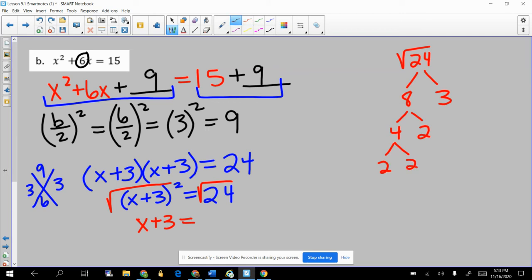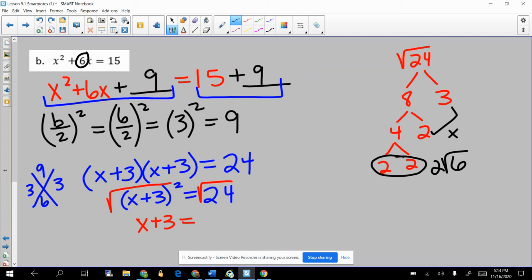So remember, when you get to this point, you want to circle a pair, and then whatever's left, you're going to multiply those. And that goes on the outside. So 2 times 3 is 6, so that's still going to be root 6. And then 2 times 2, that's going to be your pair that goes on the outside. So 2 root 6.